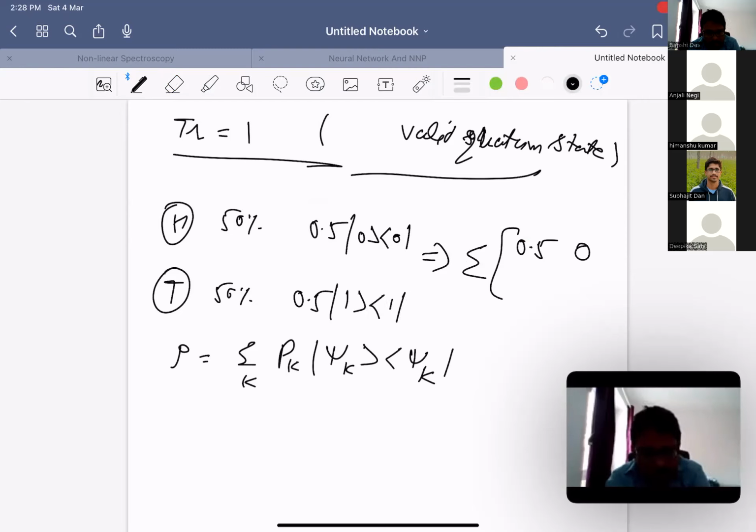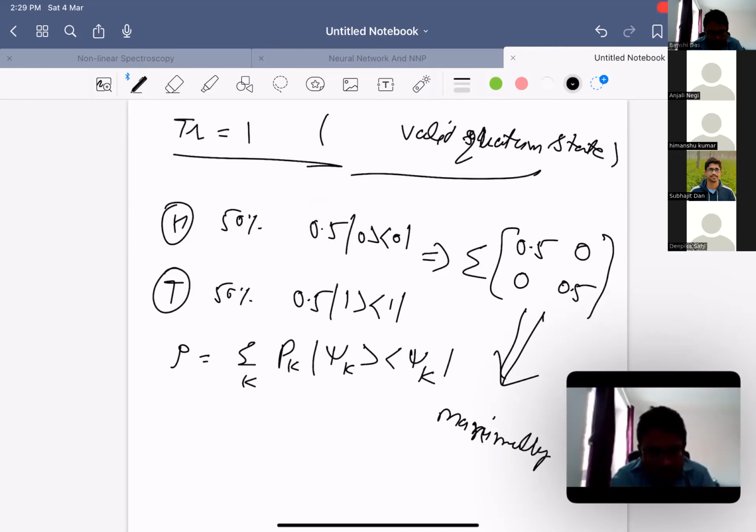If we add them up, it will become 0.5, 0, 0, and 0.5. Now if we note, this matrix is basically half of the identity matrix. In the identity matrix, the diagonal elements are unity and the off-diagonal elements are 0. So this state is called the maximally mixed state.